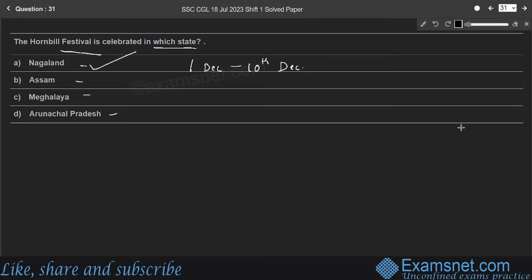It is also called the Festival of Festivals.